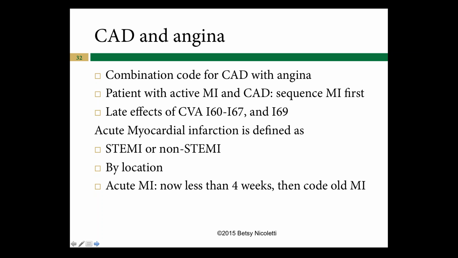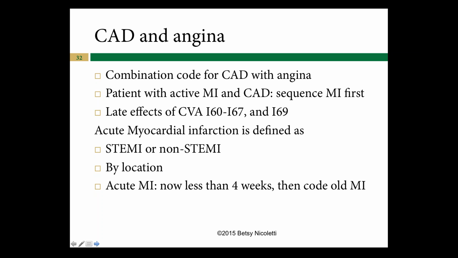We see those there. An acute MI, the only real change between ICD-9 and ICD-10 is the duration of when we call it acute. Because we call an acute MI now in ICD-10 an MI that's happened in the past 4 weeks. That shortens from 8 weeks in ICD-9. But other than that, the coding's going to look very similar to you.